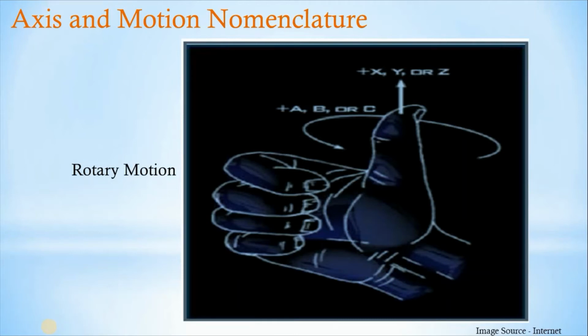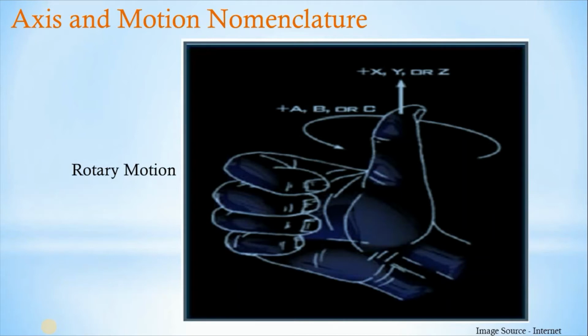So in this figure you can see we are closing our right hand and pointing the thumb out. The thumb may represent the x, y or z direction and the curl of the fingers may represent the clockwise or positive rotation about each axis.